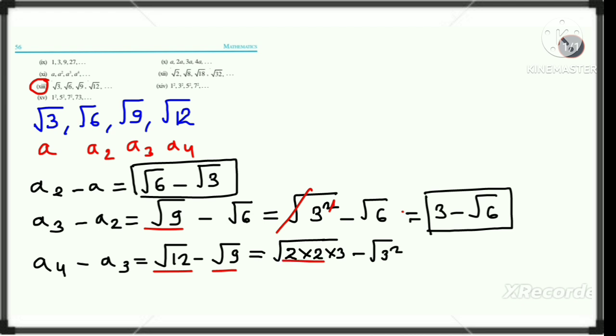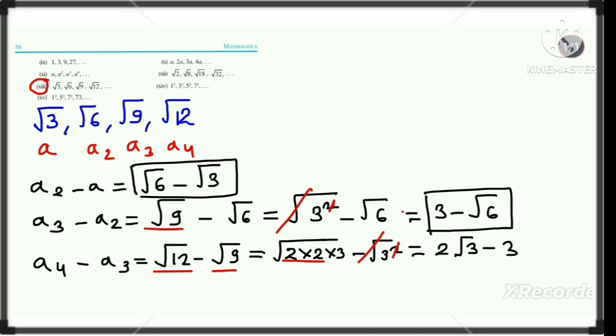Now these two have a pair, so it can be taken out, and here remains 2 root over 3 minus, and this power and this sign of root can be cancelled out, and here remains only 3.